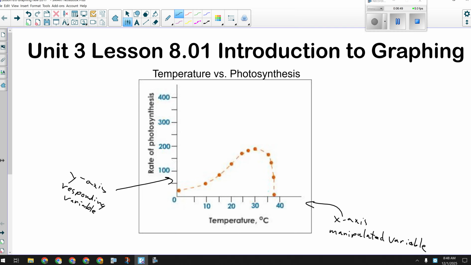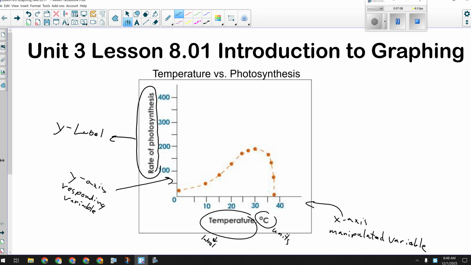And then obviously we need labels and units. And obviously that's what's missing here. We can say milliliters of O2 or something like that.